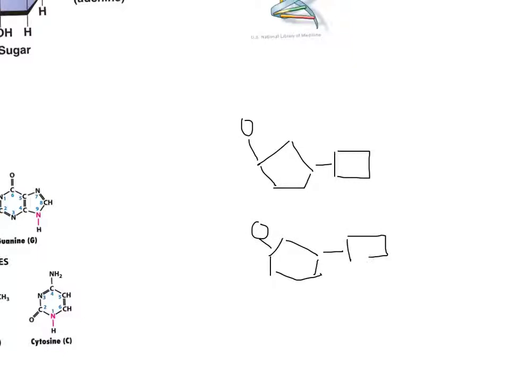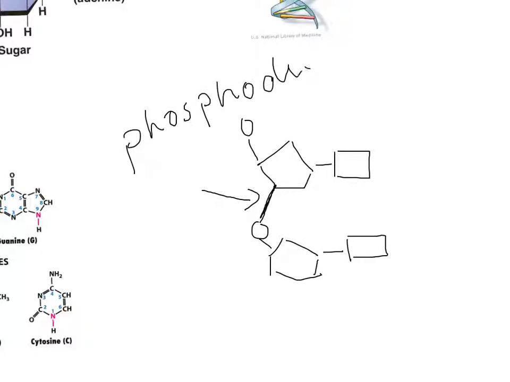So here we've got 2 nucleotides, and what happens is that a bond forms between the phosphate and the sugar of the adjacent nucleotide. This bond here is called a phosphodiester bond.